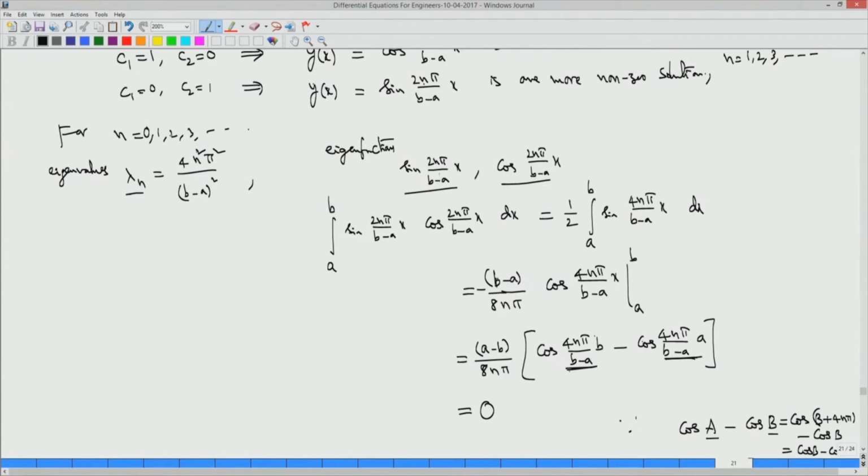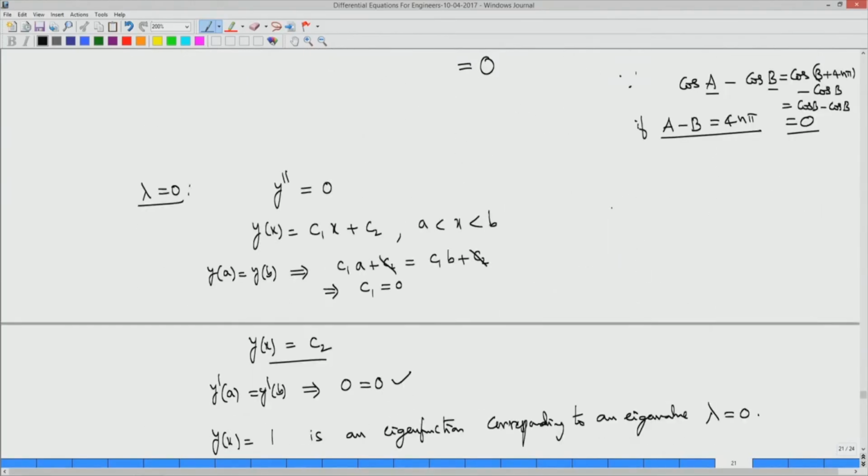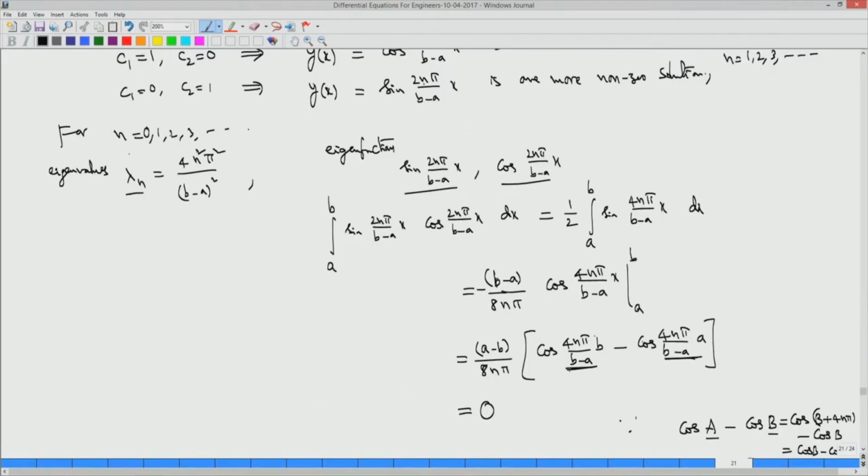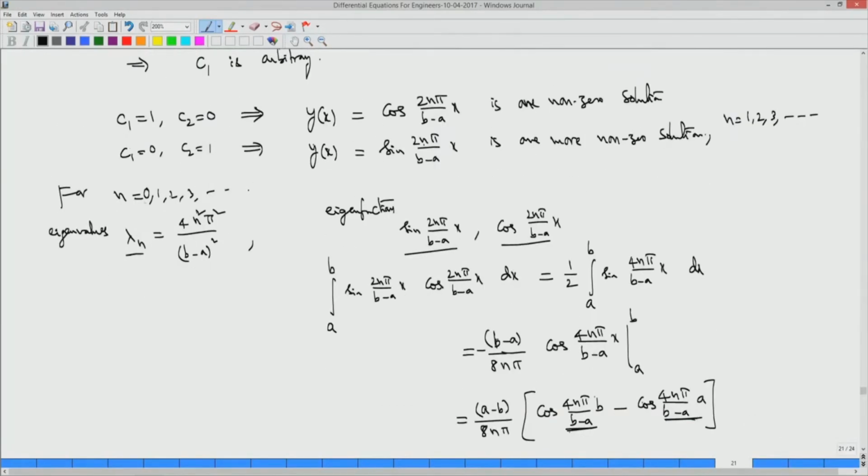When I put n equal to 0, this becomes 0, and whatever is here, cos of 2n pi by (b minus a) into x, when n equal to 0, this is simply 1. So I already have the eigenfunctions, so I can include this lambda equal to 0 case into the earlier case by including n equal to 0. So I can make n go from 0, 1, 2, 3 onwards.